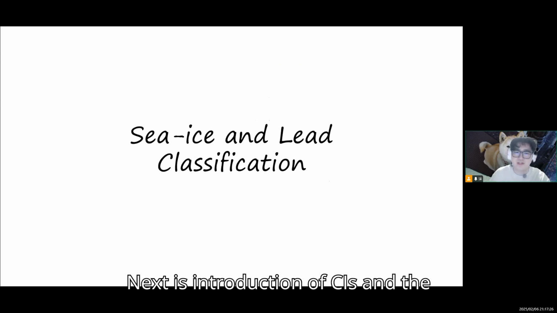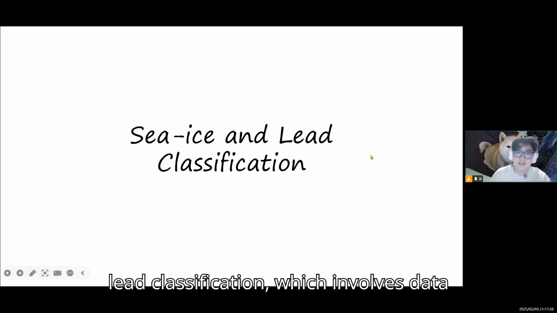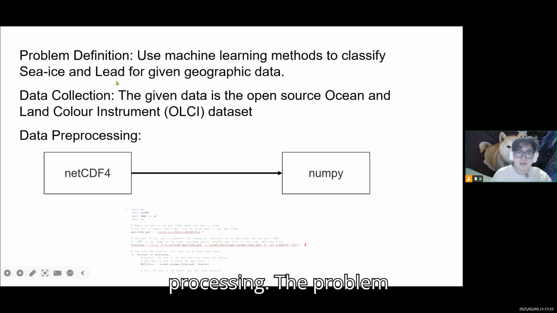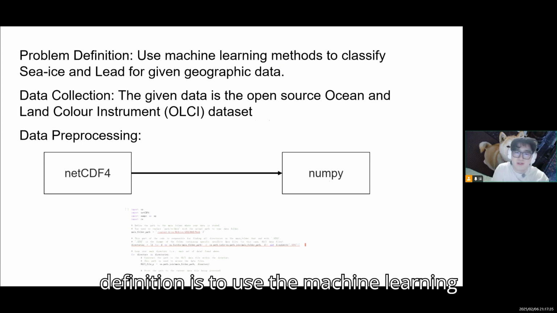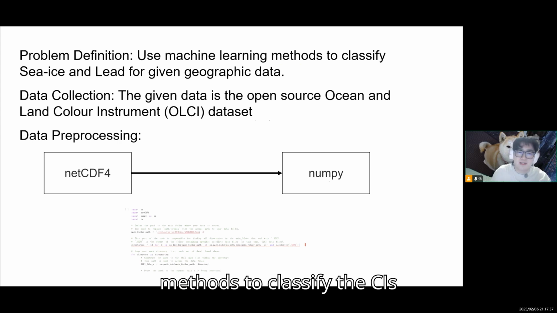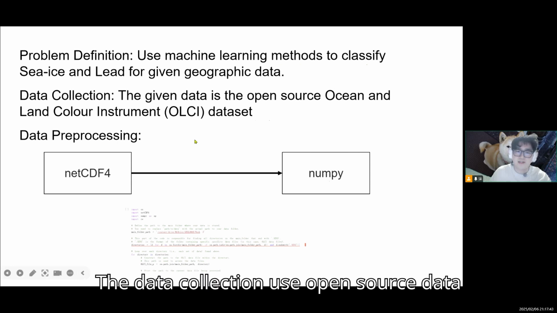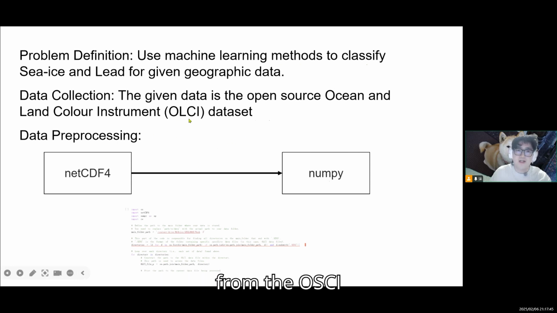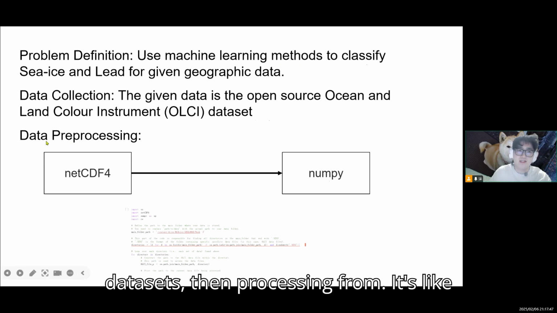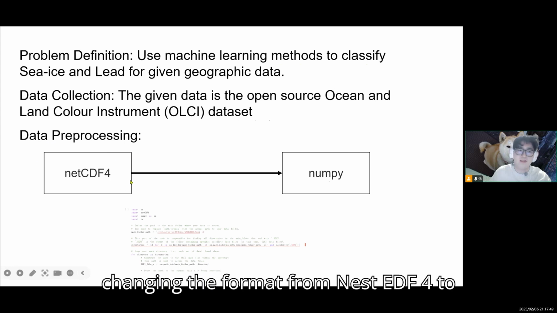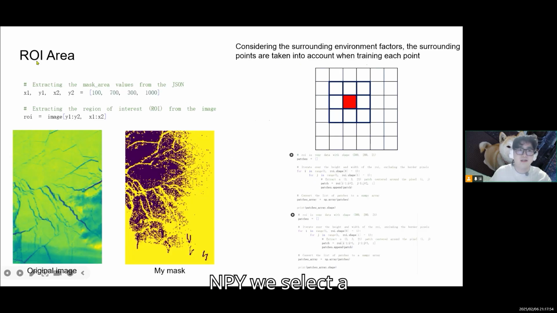Next is the introduction of the clouds and leads classification, which involves data processing. The problem definition is to use machine learning methods to classify the clouds and leads. The data collection uses open source data from the OSAI datasets, then processing, like changing the format from NetCDF4 to NPY.